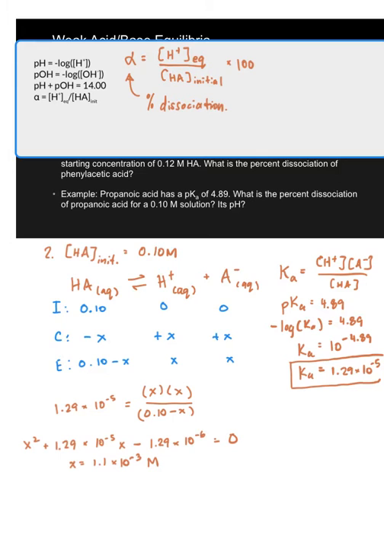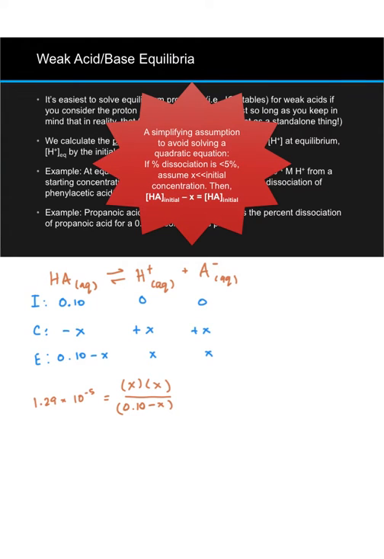Now, wouldn't it be easy if there were a more convenient way to solve this problem rather than having to slog through the quadratic equation every time we deal with an ice table? Well, there is. We can make a simplifying assumption when we work with weak acid and weak base equilibria.